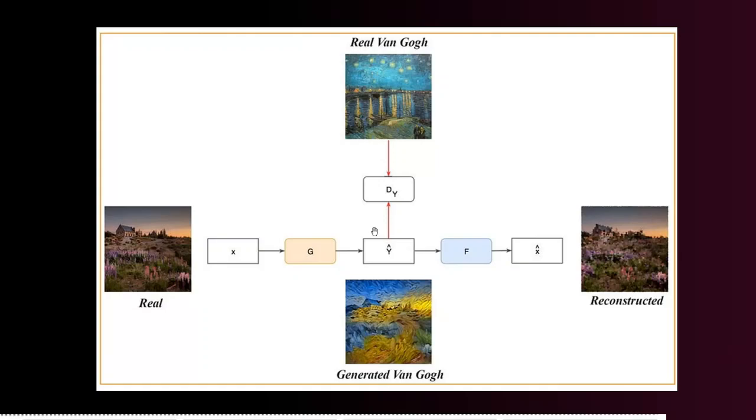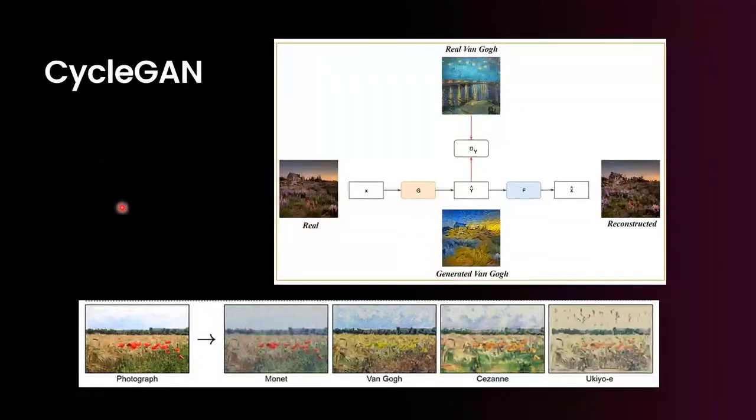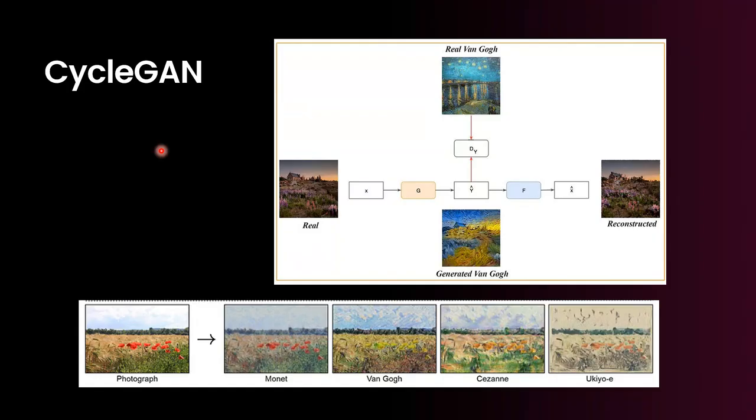So in this architecture, what I want to say is that we have two generators. This is why it's called CycleGAN. We transfer the style from each image to the other one. So this is one of the applications of CycleGAN.